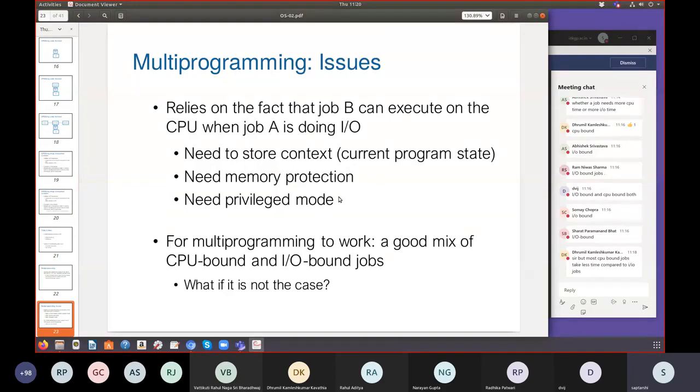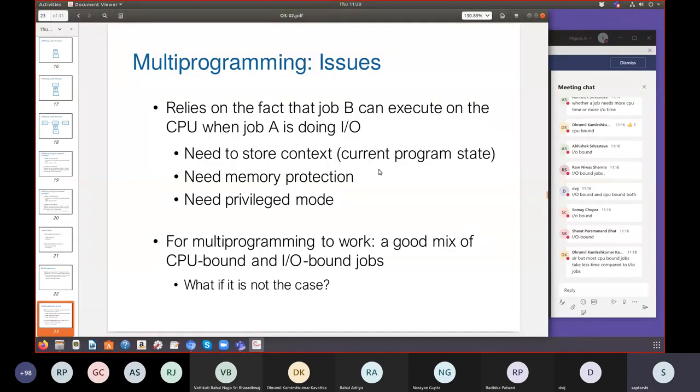Now, there are some issues which come with multi-programming, so some things have to be handled. As I said, we have to rely on the fact that job B can execute on the CPU when job A is doing IO. So it has some necessary conditions. One is the need to store context. There has to be a mechanism by which A's context can be stored while the CPU is allocated to B, so that A can resume at some future point of time.